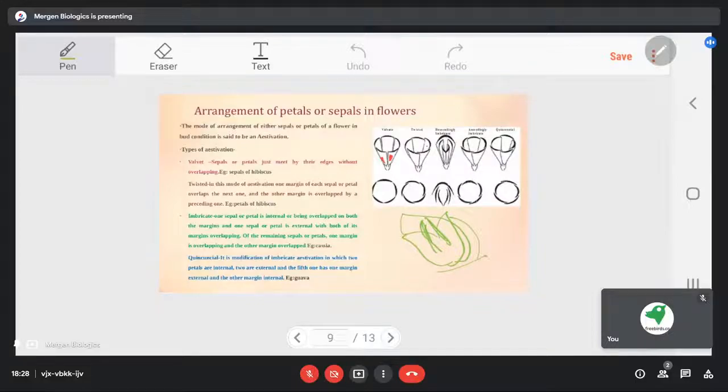Now, carpel is the singular form and pistil is the plural form. Each carpel has 3 different parts: the stigma, the style, and the ovary. Inside the ovary, the ovules are present, which take part in the fertilization process.